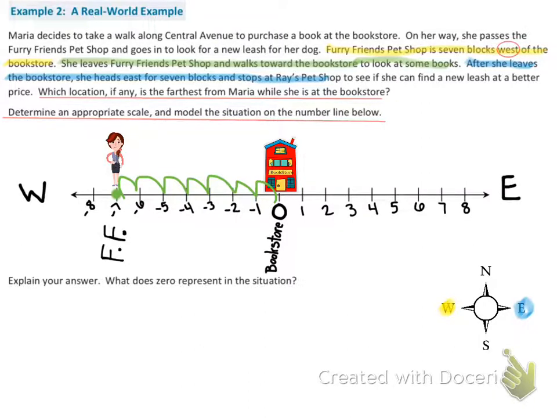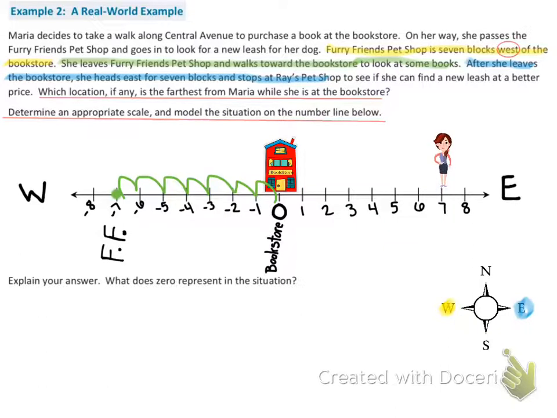She leaves Furry Friend's pet shop and walks towards the bookstore to look at some books. So she's leaving and she's heading over to the bookstore. She's looking at books. I'm just following the directions. After she leaves the bookstore, she heads east for 7 blocks and stops at Ray's pet shop. So let's count 1, 2, 3, 4, 5, 6, 7.